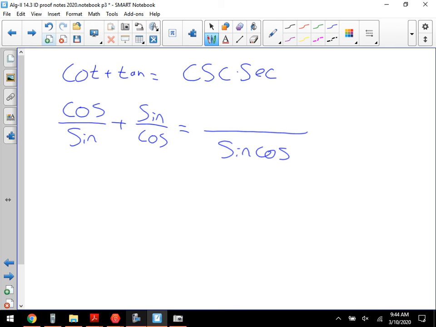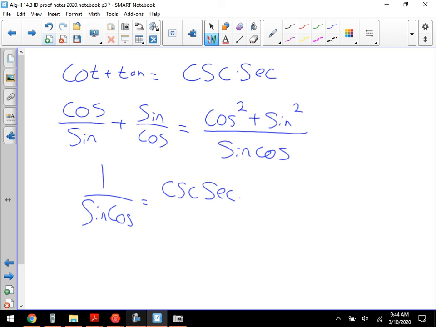Fraction on the left needs cosine. Fraction on the right needs a sine. What's cosine squared plus sine squared? 36 is basically the same problem.